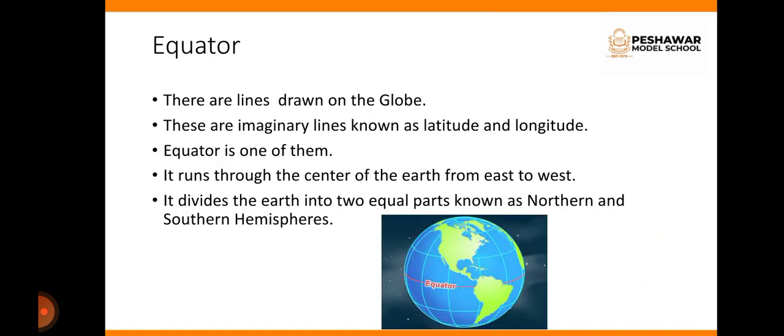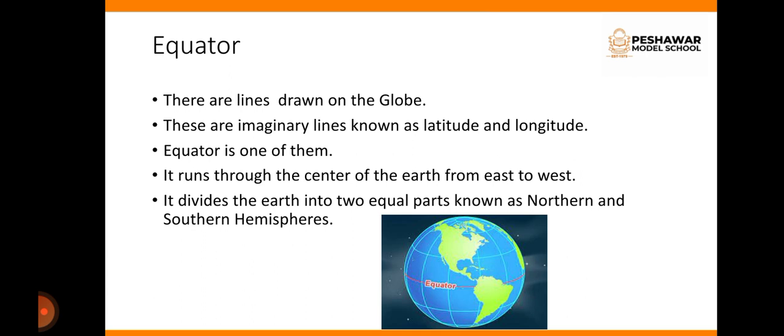Equator. As you can see in this picture, there are lines drawn on the globe. These are basically imaginary lines which are known as latitude and longitude. The concept of latitude and longitude will be delivered to the students in class 5. Among these lines, equator is one of them. Equator runs through the center of the earth from east to west.